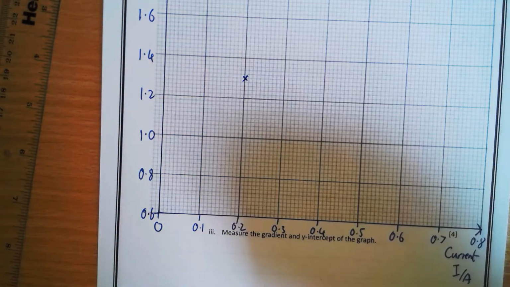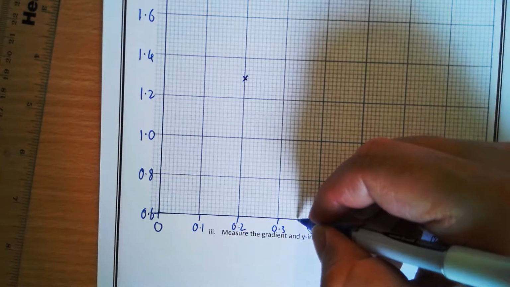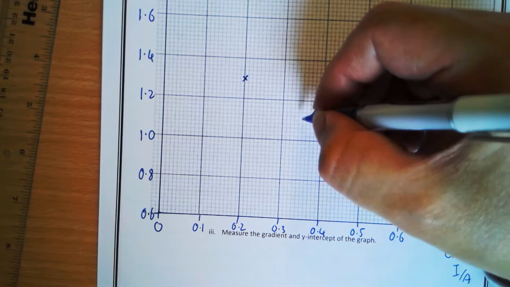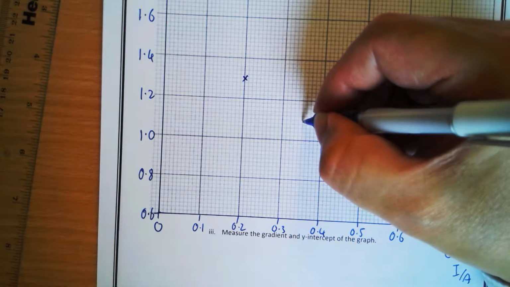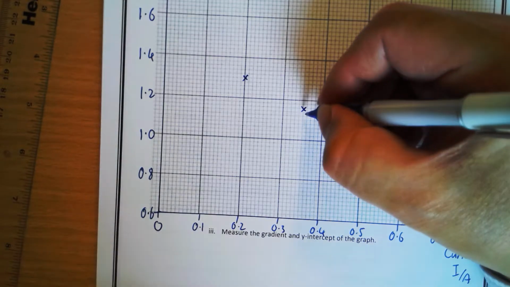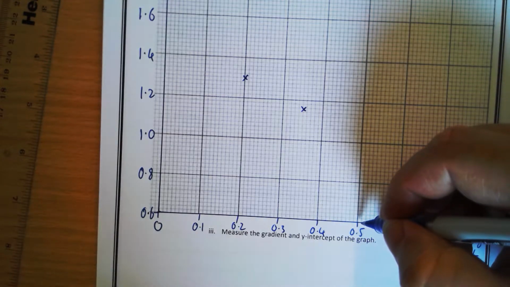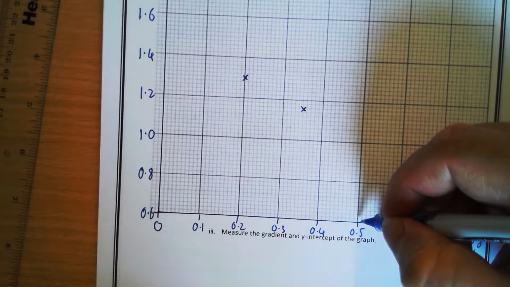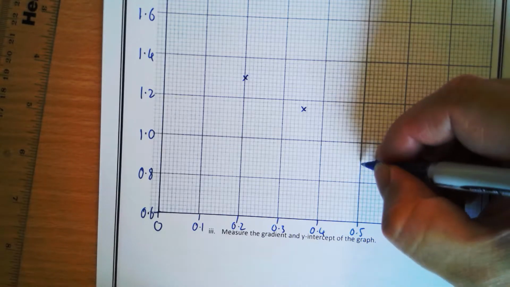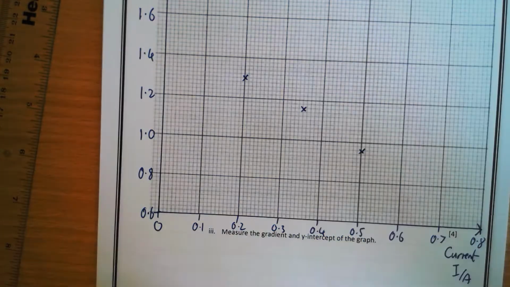Then you've got 0.35, which is there. It's at 1.16, so 1.1 is there. 1.1246 goes there. Next one is 0.5 amps. At 0.5, that would be at 0.96, so 0.9246 goes there.